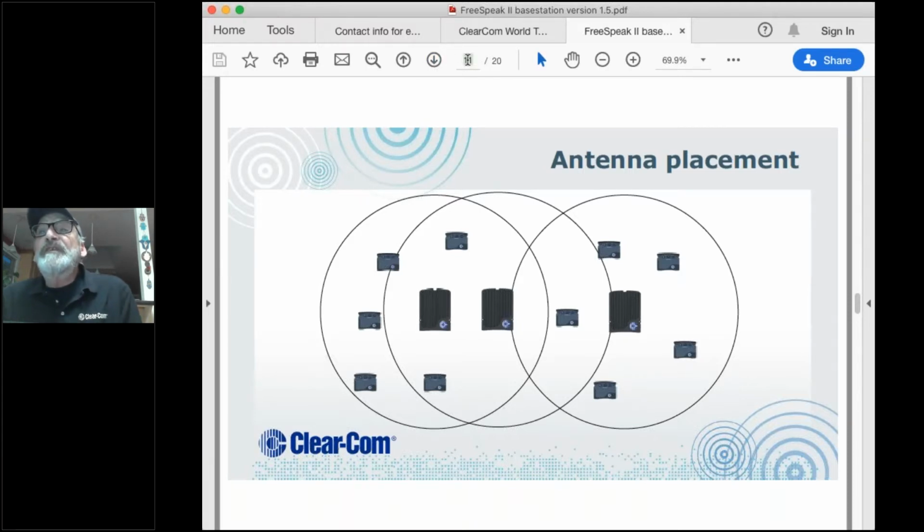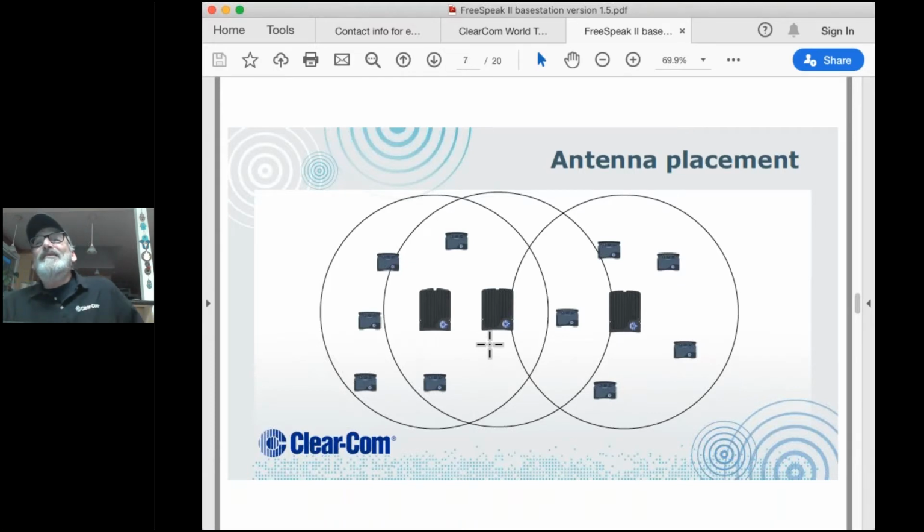However, we see there are 3 transceivers there, keeping in mind that each 1.9 transceiver can support 5 belt packs, and each 2.4 transceiver can connect 4 belt packs. Let's imagine that the first 2 transceivers that we see, the middle one and the left-hand one, are 1.9 gigahertz transceivers.